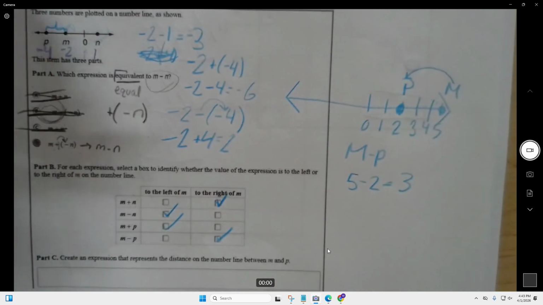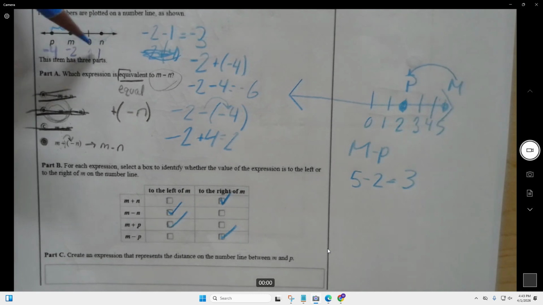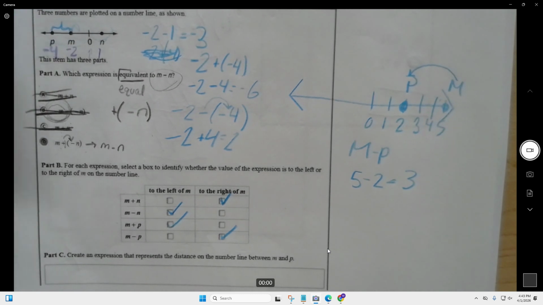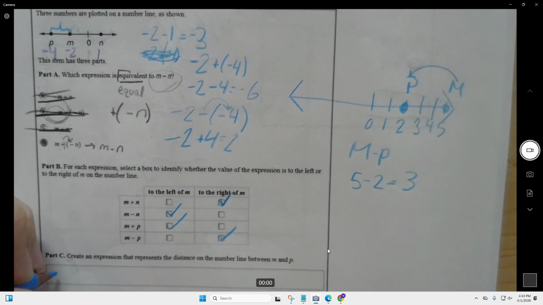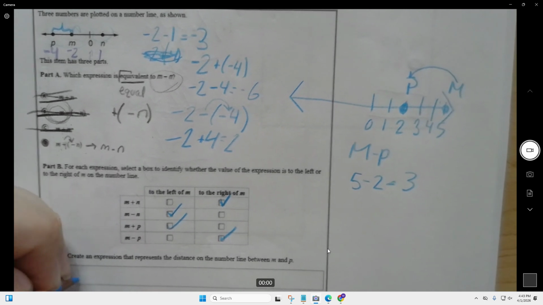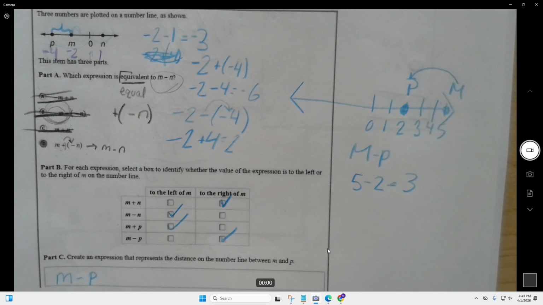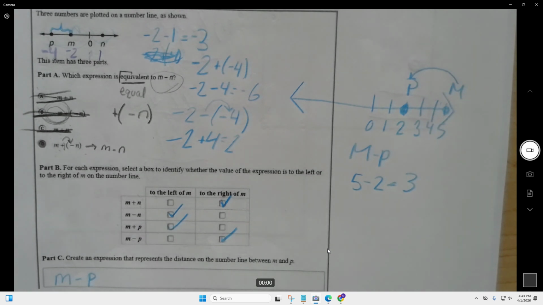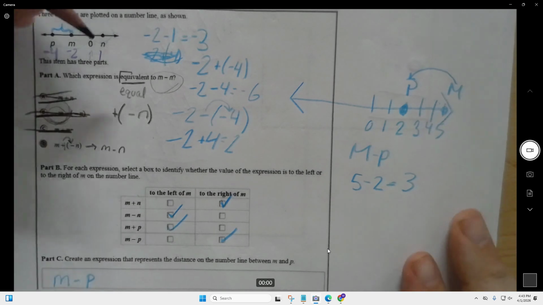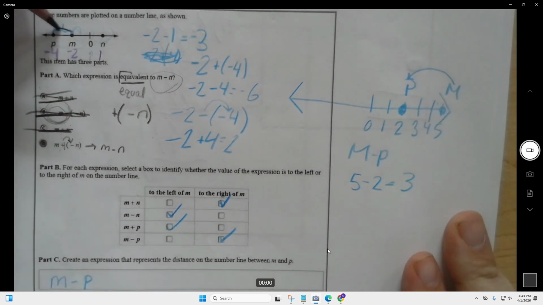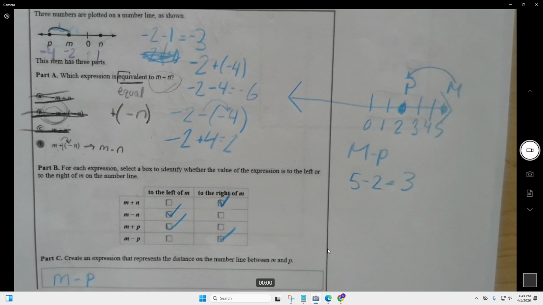It's the same idea here. The fact that these are on the negative side of the number line doesn't matter. It is still just M minus P, or any equivalent expression that would give M minus P. Create an expression that represents the distance on the number line between M and P. So you take M and you minus P.